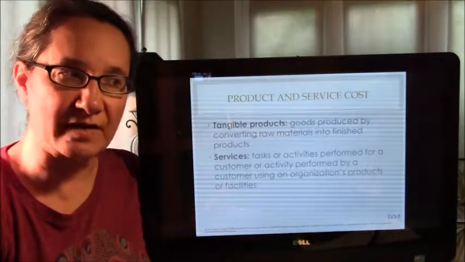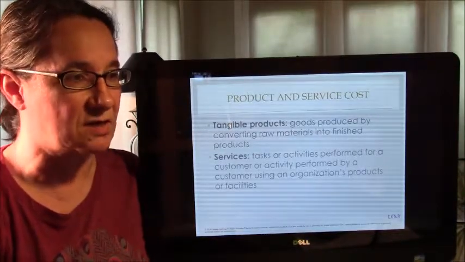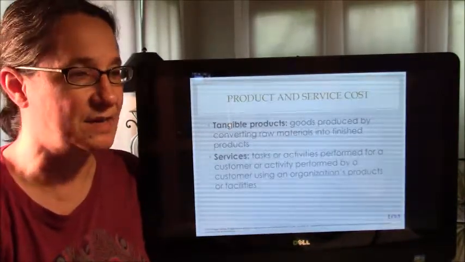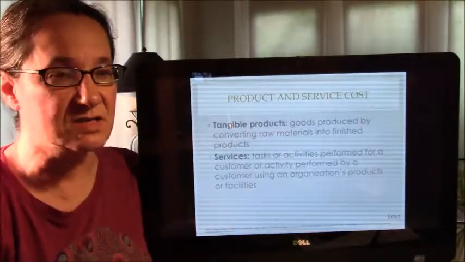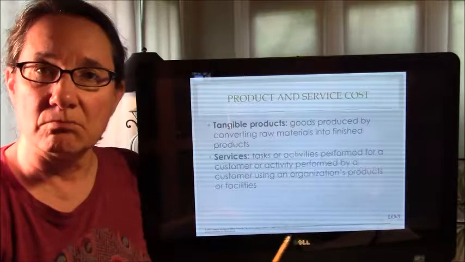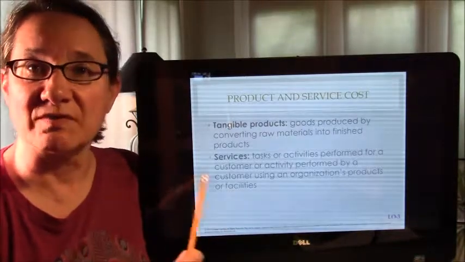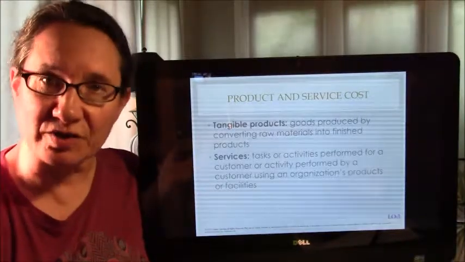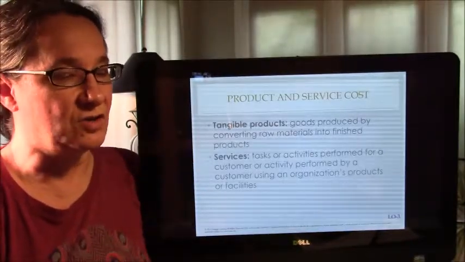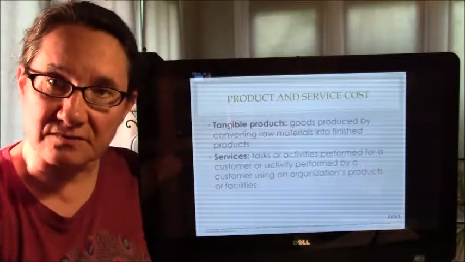We also need to be aware that some products are tangible products, and some things that we cost are not a product at all, it's a service. So when I work as a teacher, I'm providing a service, right? That's an activity that I perform for you, and you might be able to price out my service.